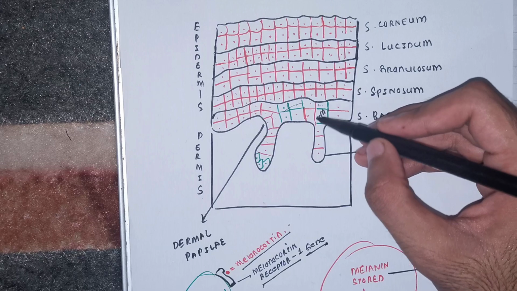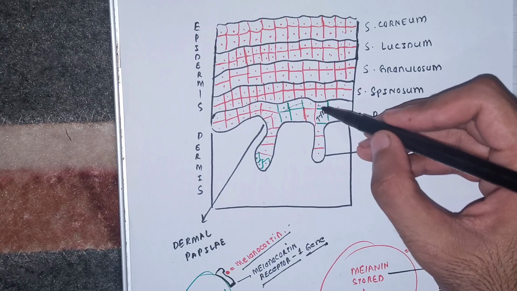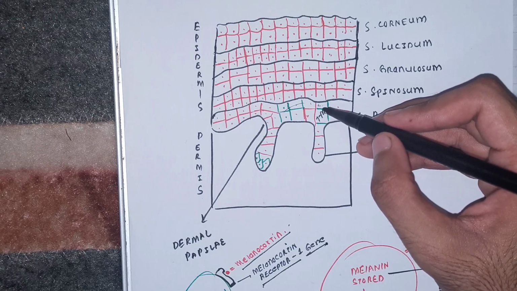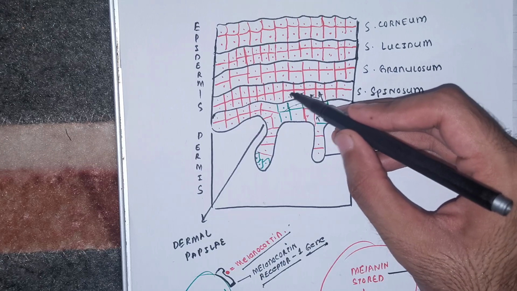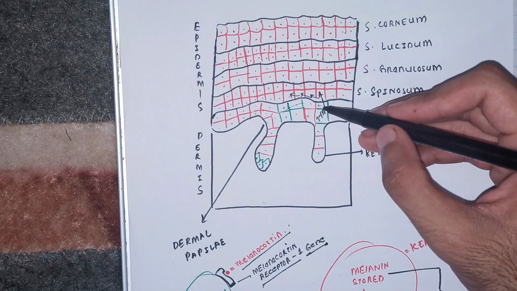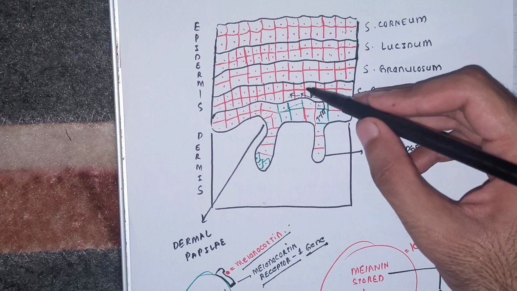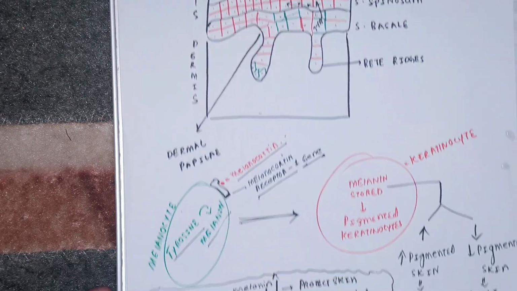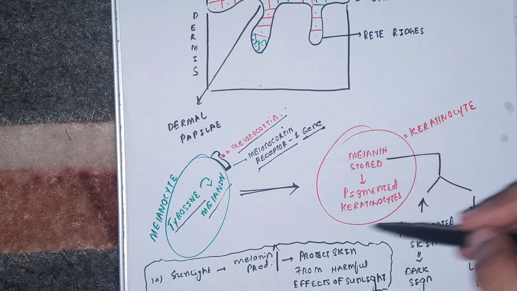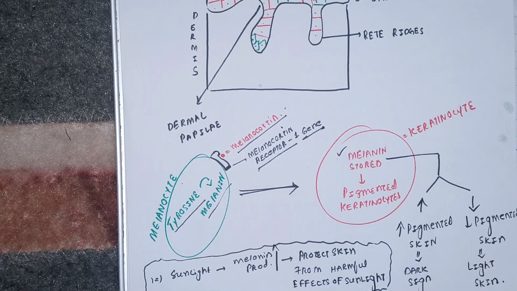Melanin is produced in the melanocyte but stored in these red colored cells, which are keratinocytes.